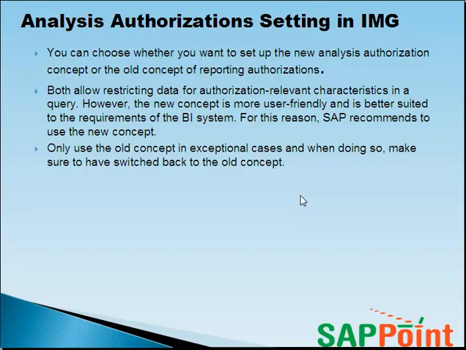So for this reason SAP recommends to use the new concept, and you should use the old concept only in exceptional cases. But you cannot use a combination of both because SAP doesn't allow you to do that. You can either use the old concept or the new concept. Complete compatibility between the two concepts is not possible.